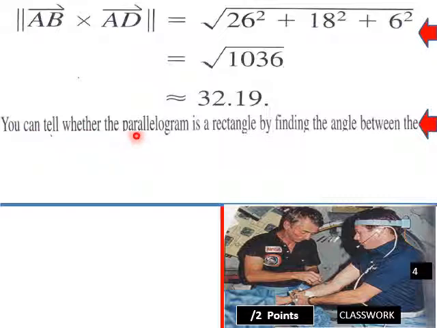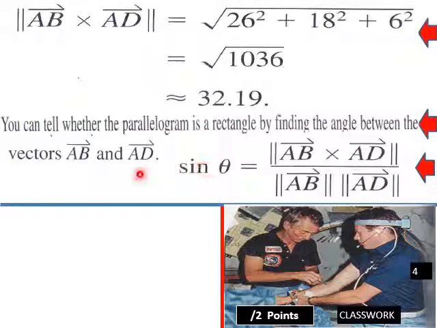You can tell whether the parallelogram is a rectangle by finding the angle between the vectors AB and AD. So we take sine theta equals the magnitude of AB times AD over the magnitude of vector AB times the magnitude of AD, each one of these independently versus this product here.